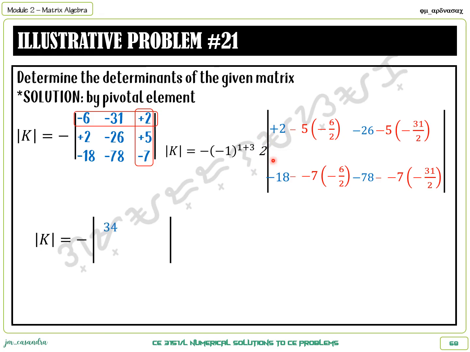So that will now be equal to 34. And then we have the next one, negative 39. So negative 18 minus negative 7 times negative 6 divided by 2. So what we get here is negative 39. I will not be multiplying it to 2 anymore because I did not factor out our value.